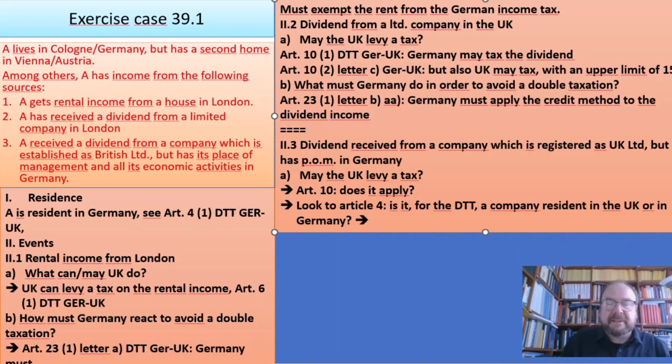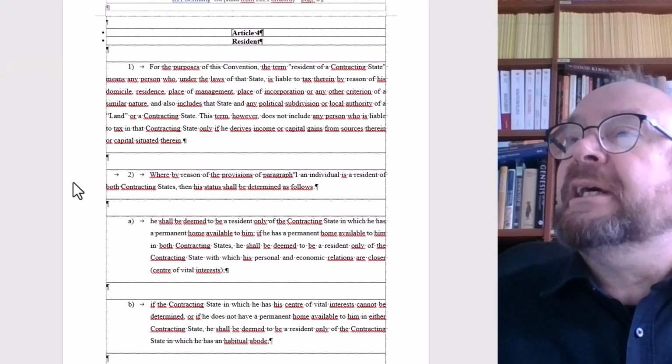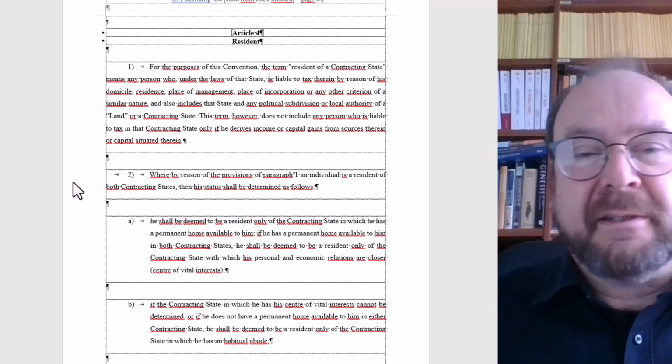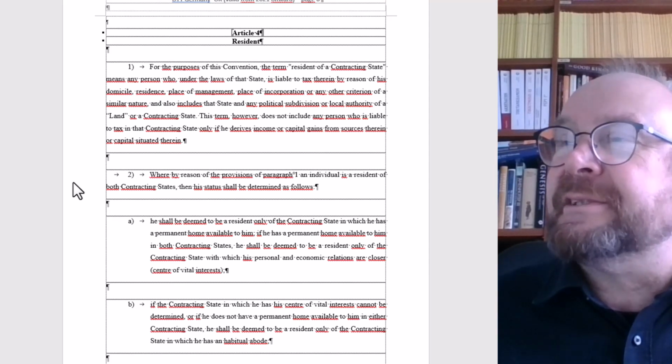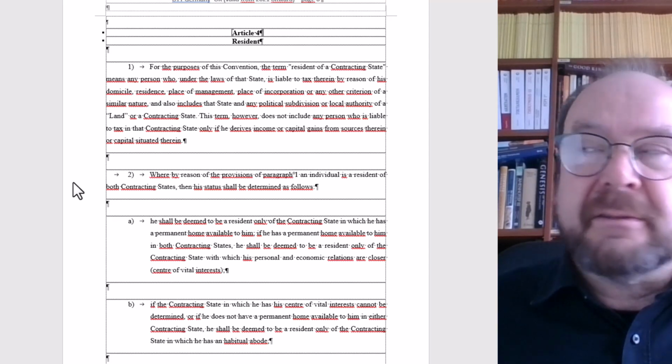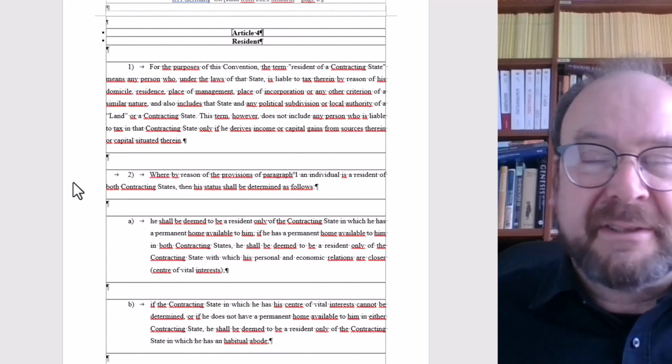And that, ladies and gentlemen, we will have to look up in the text again. So here we have Article 4, and for one says that the company is resident in the UK because it has its registration there, and for one also says it's resident in Germany because the place of management is there.